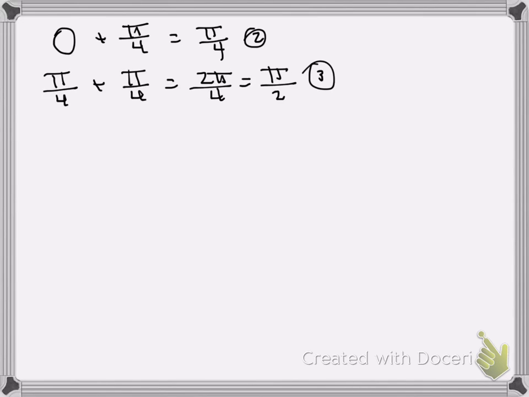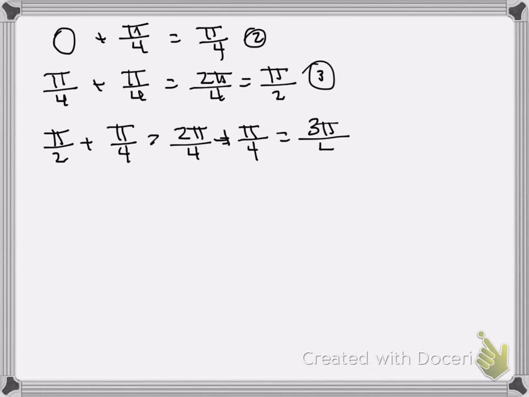That's my third point. Then I take pi over 2, add another pi over 4. Well, we know pi over 2 is the same thing as 2 pi over 4 plus pi over 4. So that gives me 3 pi over 4, which is my fourth point.